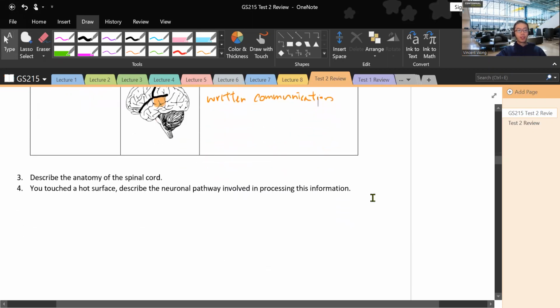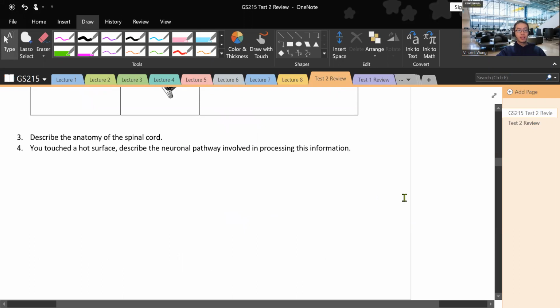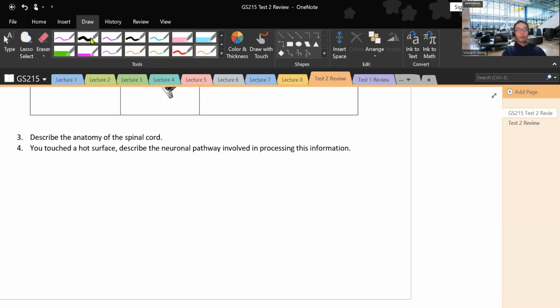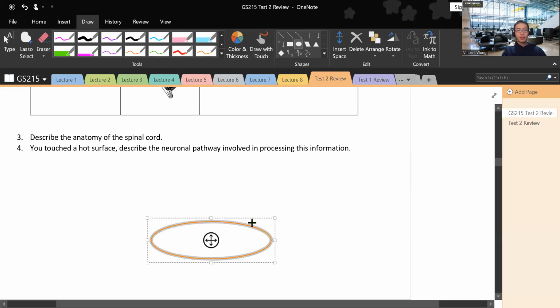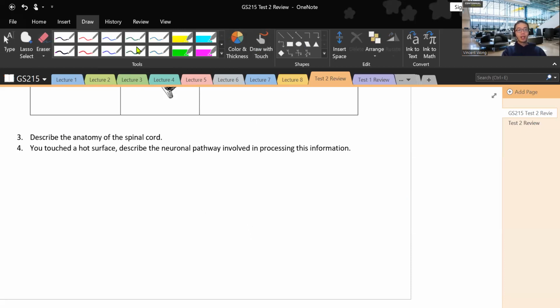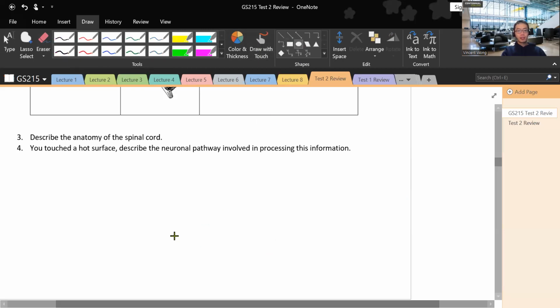Next, describe the anatomy of the spinal cord, and then you touch a hot surface, describe the neuronal pathway involved in processing this information. We can do both at the same time. So here is a slice of spinal cord right here.